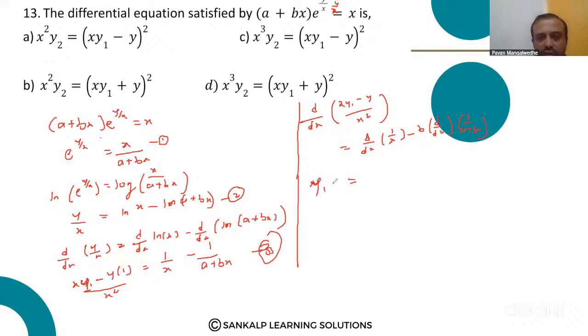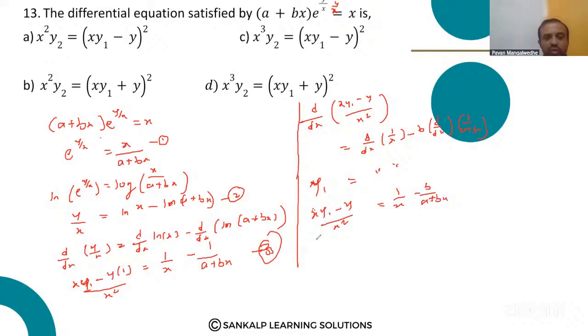You can treat this as y1. Again, just take the differentiation of y1, that is x y1 minus y by x square, equals 1 by x minus b of a plus bx, cross multiply this.